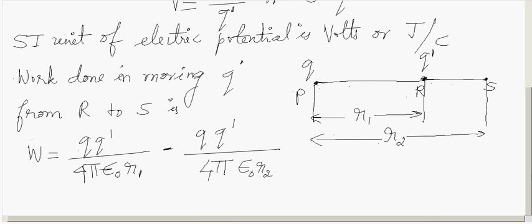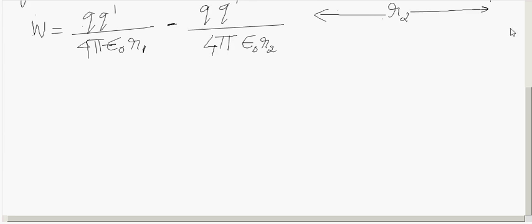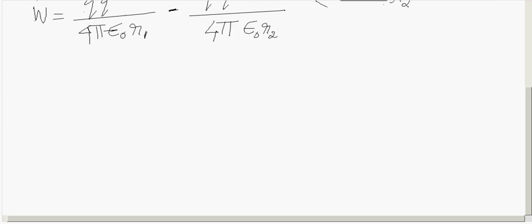And then we wrote it as W is U of R1 minus U of R2, that is, potential energy at R1 minus potential energy at R2.